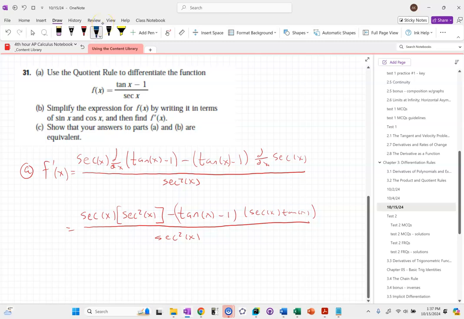So I'm going to just do a little reducing so I can do that right away. So my numerator then has secant squared x minus tangent squared x plus tangent x over secant x. So far, so good? Okay.